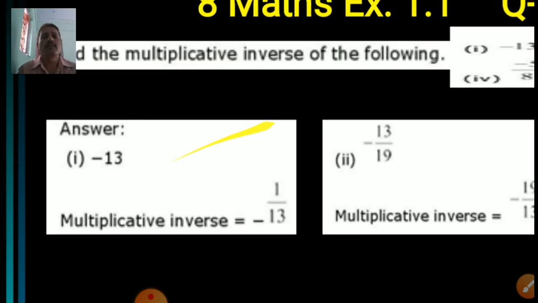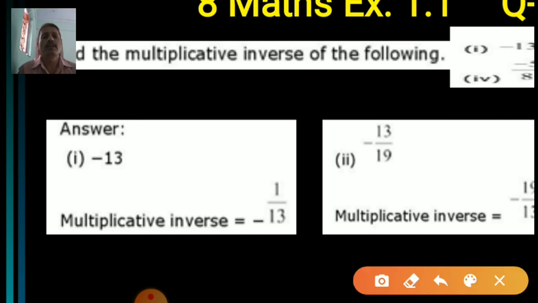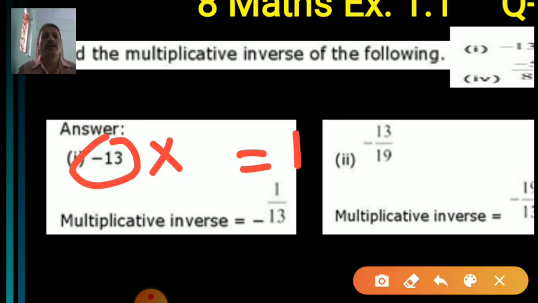So what is the number to multiply here? This says minus 13, and the second number, but the answer is 1. You have to find this number. We know minus into minus. So in the multiplicative inverse, you first write the same sign, and then whatever the number given, you just make its inverse.